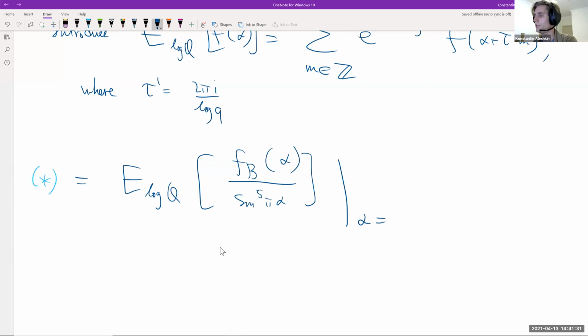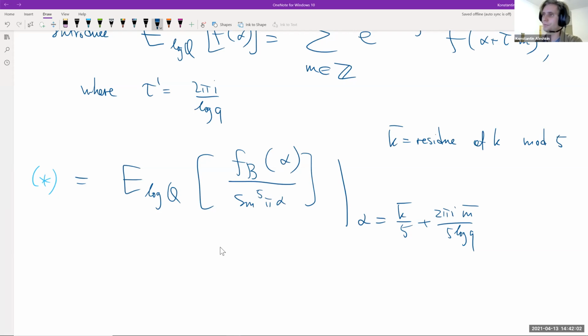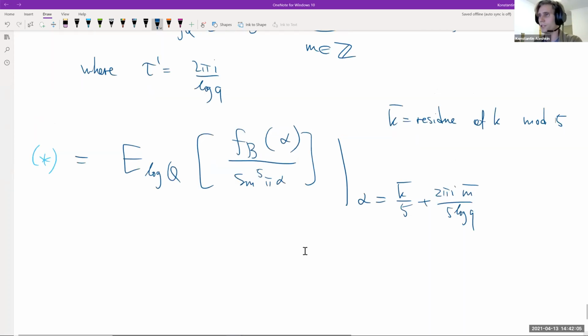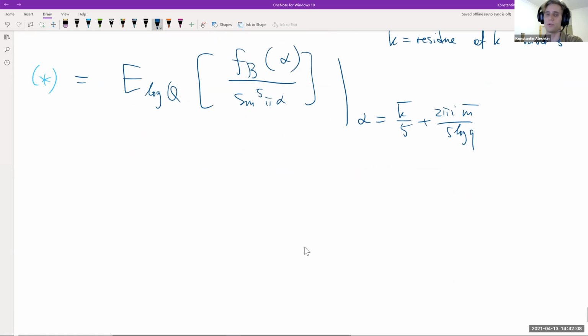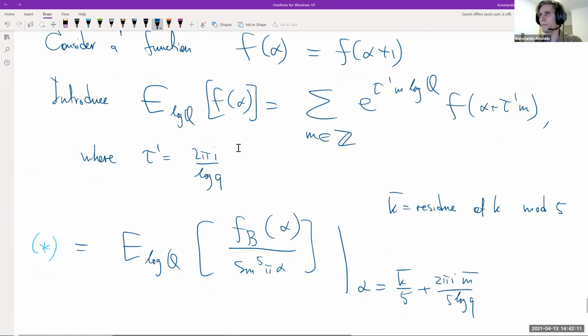So alpha is equal to k bar over 5 plus 2 pi i m bar over 5 log Q, where k bar is the residue of k mod 5. Some value, doesn't matter. Then this expression has the following transformation properties.